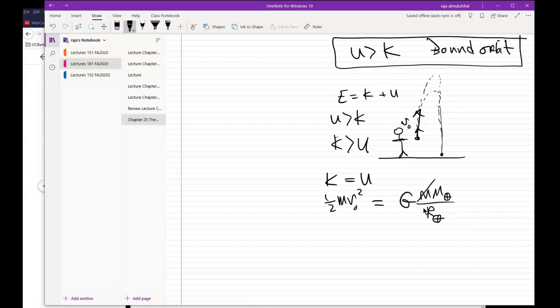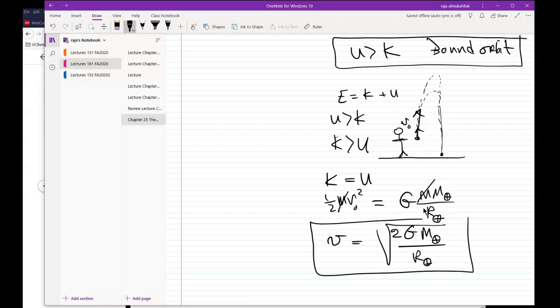And now when I calculate that, let me clean it up a little bit. This velocity is basically the square root of 2G mass of the Earth over the radius of the Earth. Famous equation in astronomy and space physics and rocket science. There we go. This is the escape velocity.